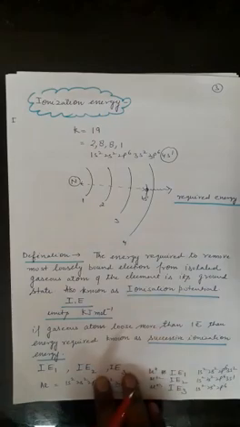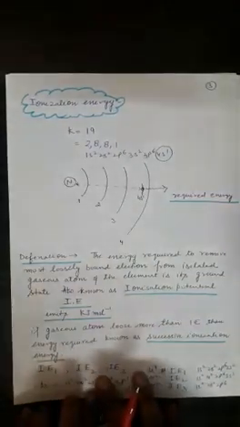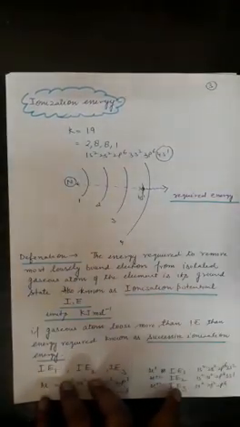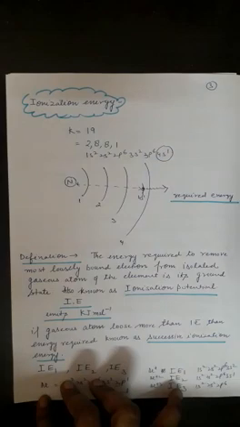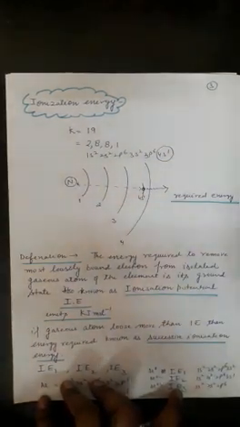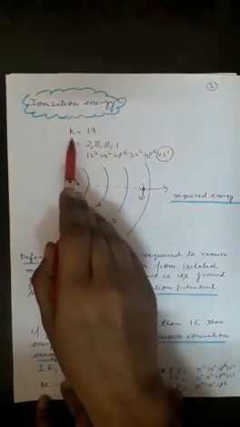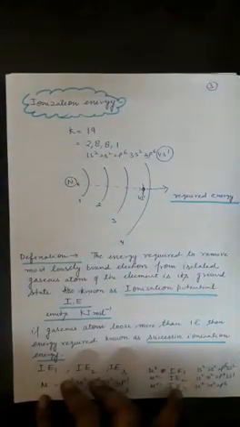Now we have to discuss another topic, which is again very important, and it is called ionization energy, nowadays also called ionization enthalpy. We will discuss it with the help of an example. We have taken potassium, atomic number 19.